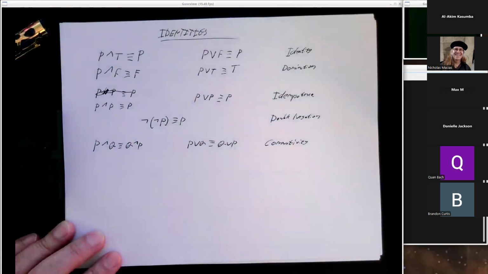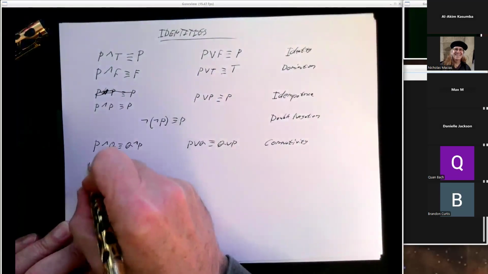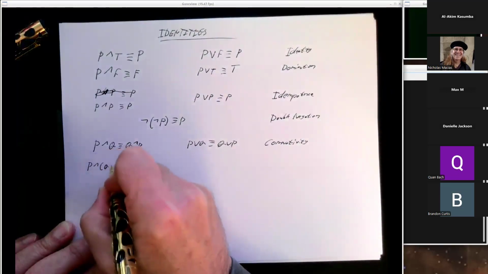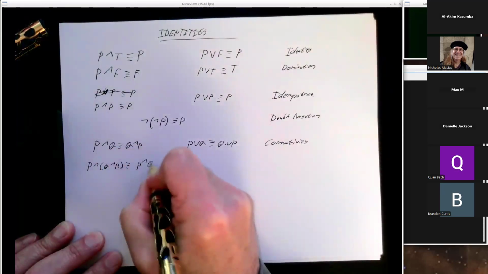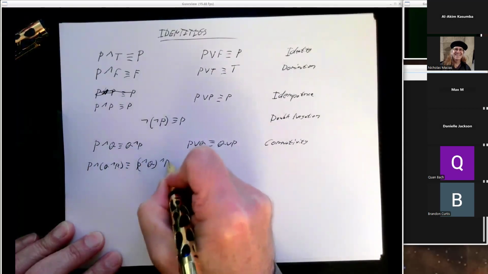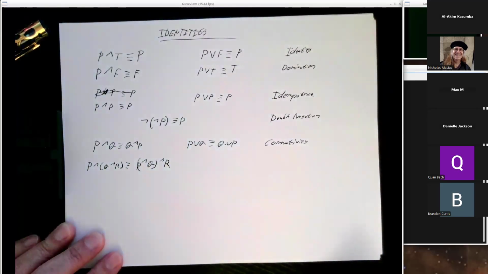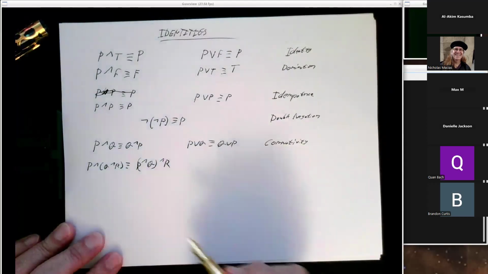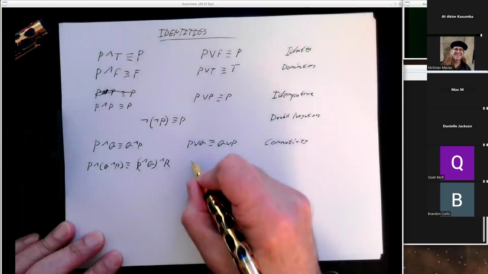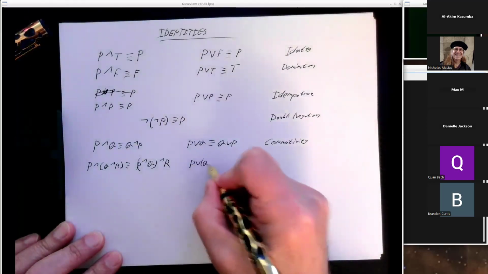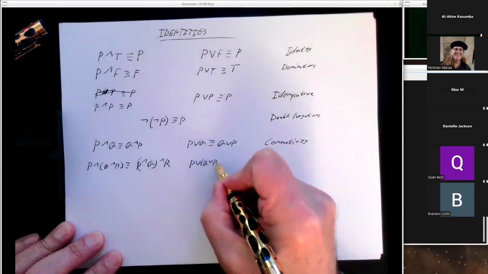And if we throw in another proposition like R, we can do things in a different order. You do Q and R and then AND that with P, and that's the same as doing P and Q and then ANDing with R. And the same thing with disjunction.